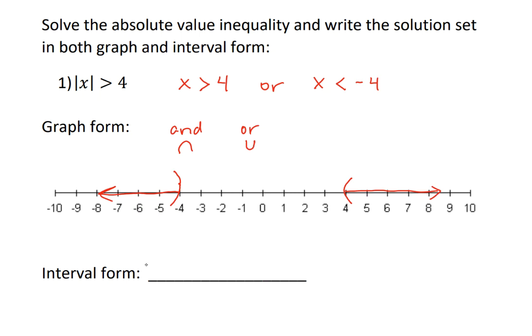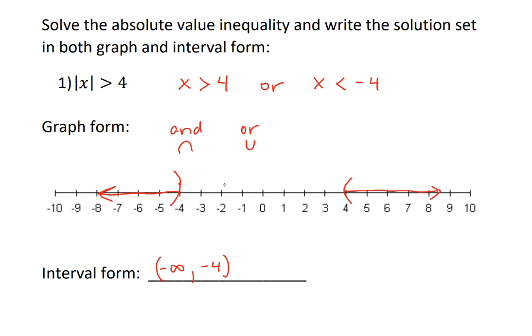And always remember that our intervals go from left to right. So since there's an arrow pointing to the left, that means it goes on forever. So on the left, we're starting at negative infinity. And then, if you'll also remember, we always enclose infinities with parentheses, never a bracket. And it goes from negative infinity to negative 4.